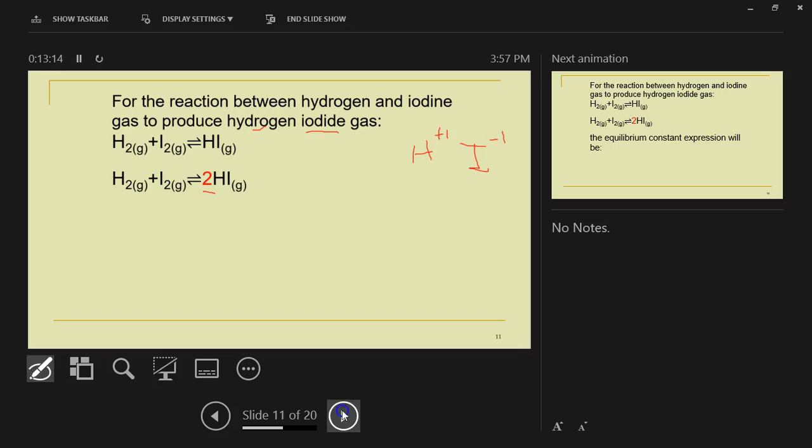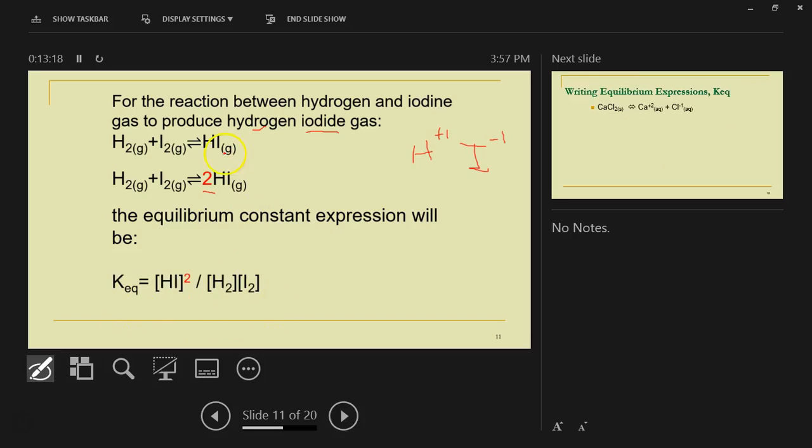Okay, your equation should have come out to be the concentration of your hydrogen iodide gas to the power of your coefficient over the hydrogen raised to the power of the coefficient of 1 and your iodine to the power of the coefficient of 1.